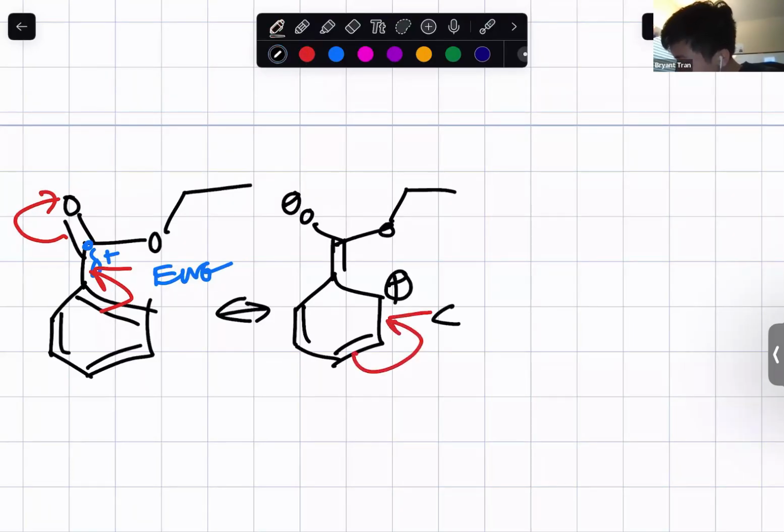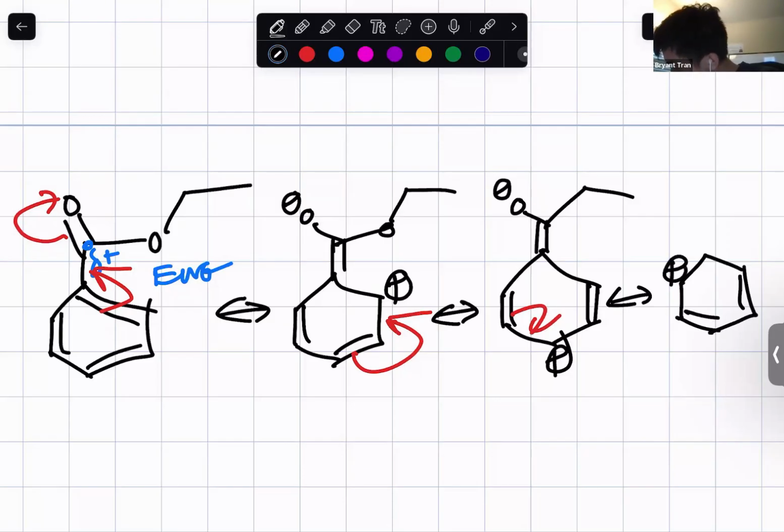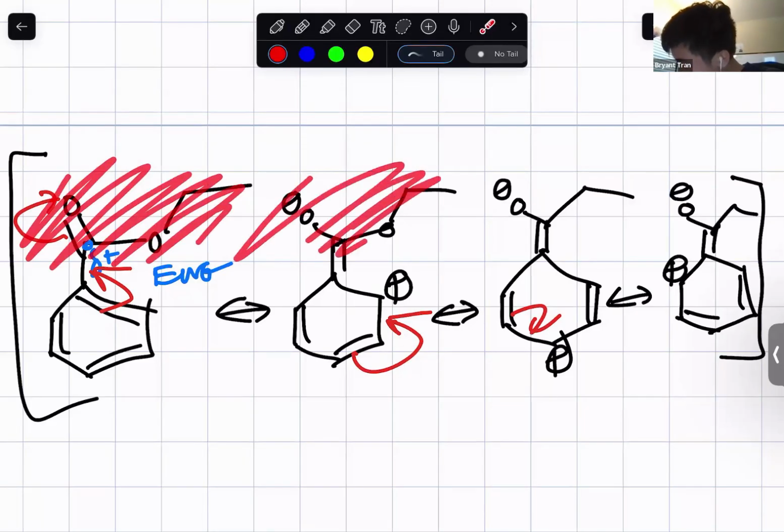And then we could draw another resonance structure out like this. And then another one right here. And this will be the last one that will be sufficient to explain the positions here. Okay. Now, we're not going to be concerned about the group.